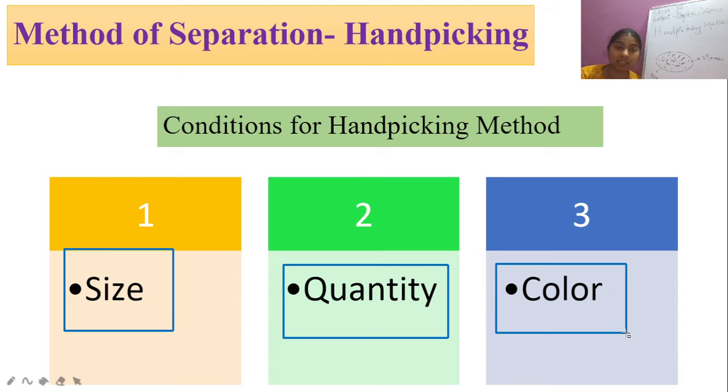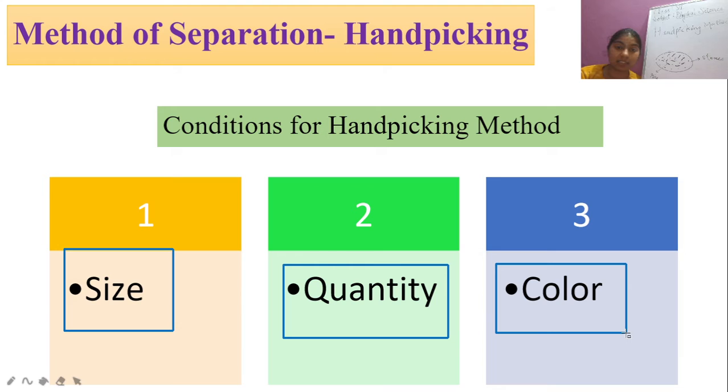Firstly, in kheer, if my mother prepares kheer, I don't like cardamom, so I use the hand picking method. With the help of a spoon or with my hand, I remove the cardamom first, then I eat that kheer. So students, that way the hand picking method works.